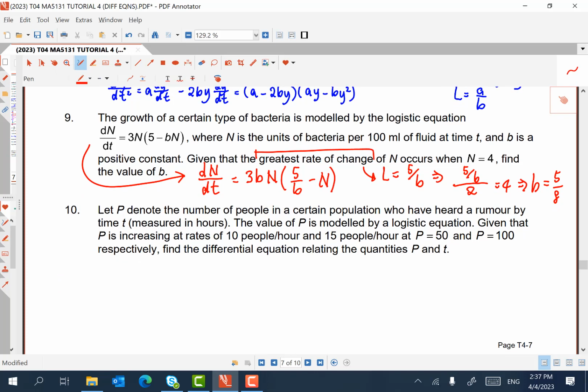So for number 10, they say it follows a logistic model.